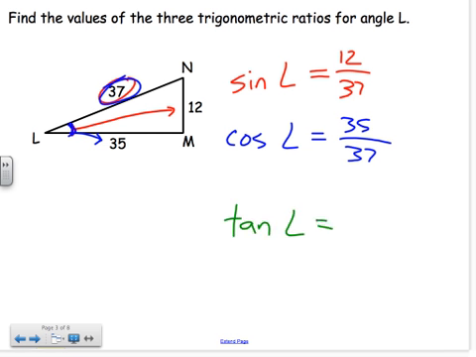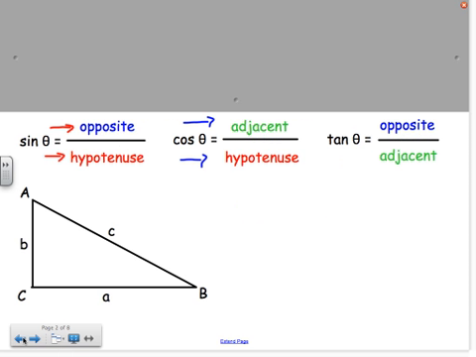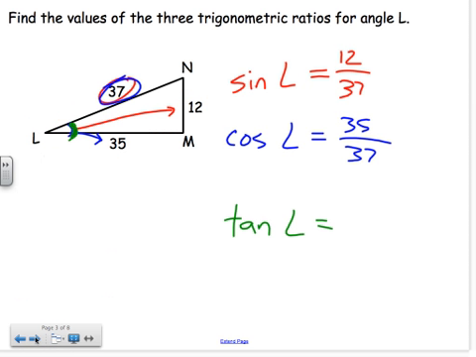So let's find the tangent of angle L. So here's angle L again. And if I go back, tangent is opposite over adjacent. Opposite, so 12 is opposite. And adjacent to angle L is 35. So 12 over 35. And if I could simplify those, I'd simplify them. But there's my three trig ratios for angle L.